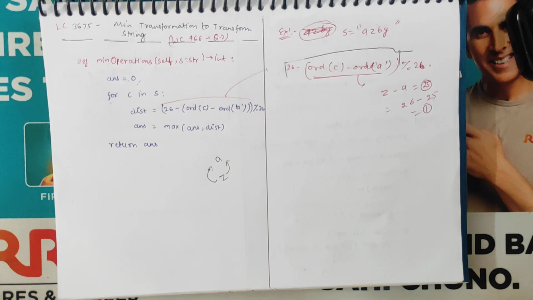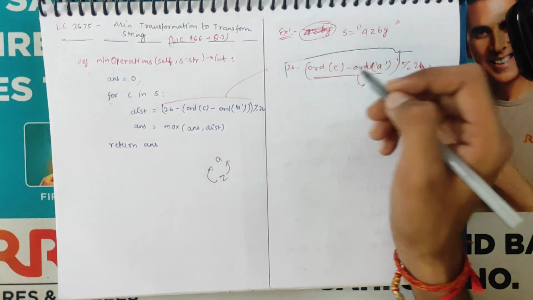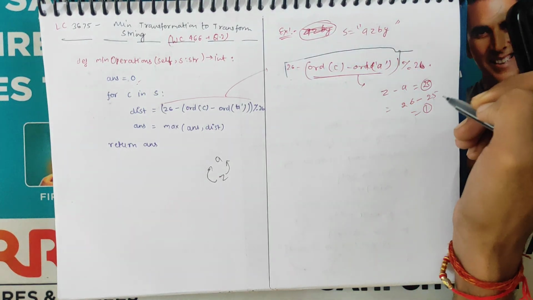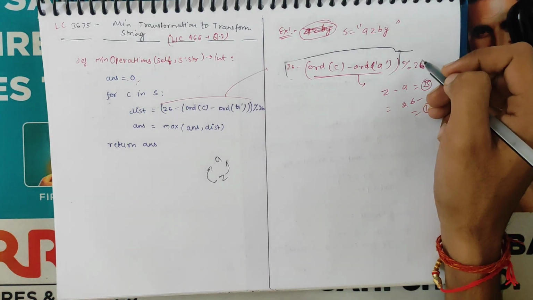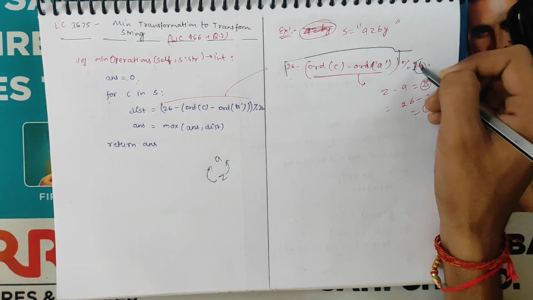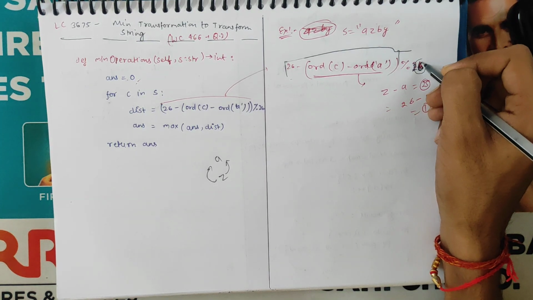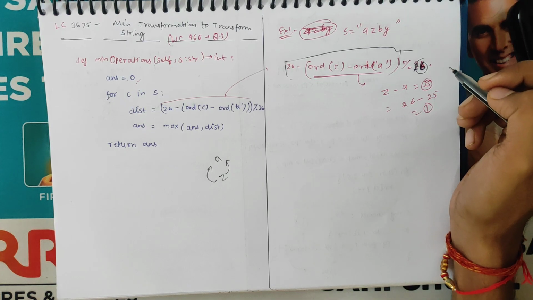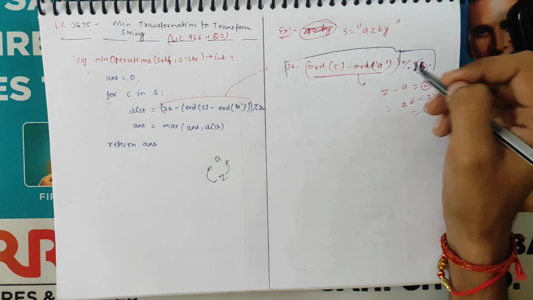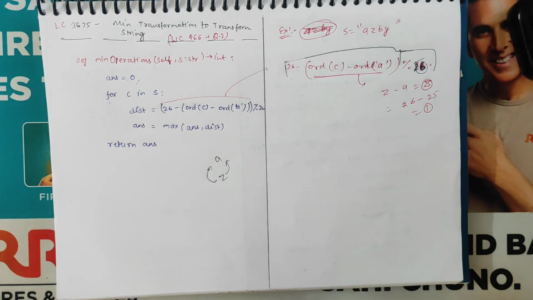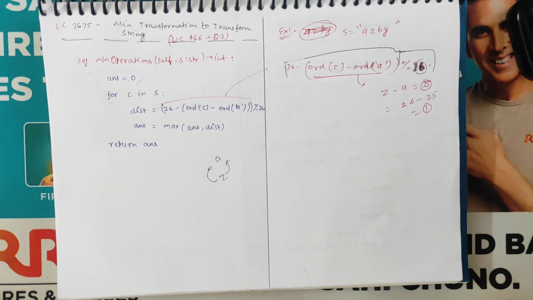So this thing, 26 minus this part, modulo 26, is giving us the minimum number of transformations that is required to convert any single character to a.